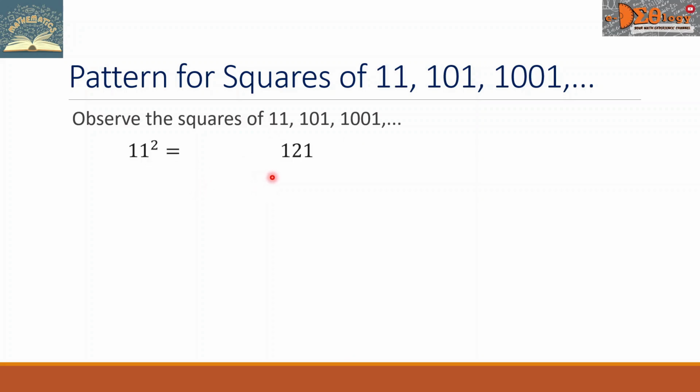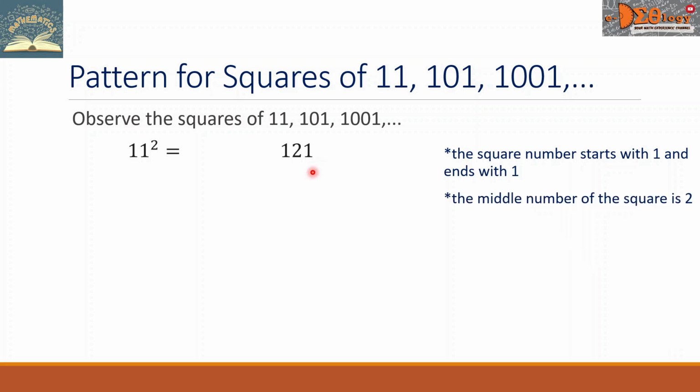We know that the answer is 121. Let us observe the square. Notice that the square number starts with 1 and ends with 1. The middle number of the square is 2, so 121. Next, let's have 101 squared.